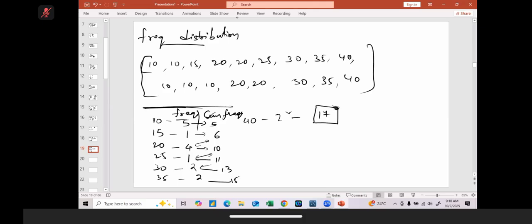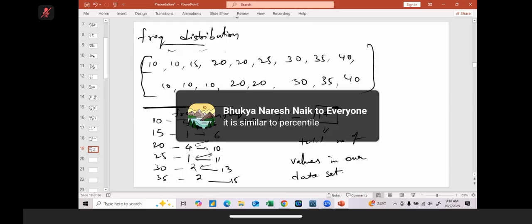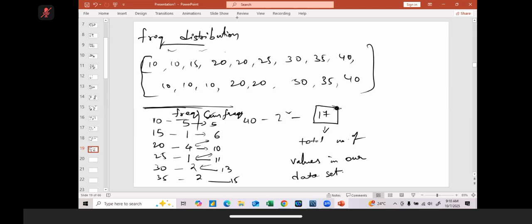The last value in the cumulative frequency is nothing but the total number of values in our data set. That means in this data set, we have 17 values. Okay. It is similar to percentile. We'll come to that. Is this understood?